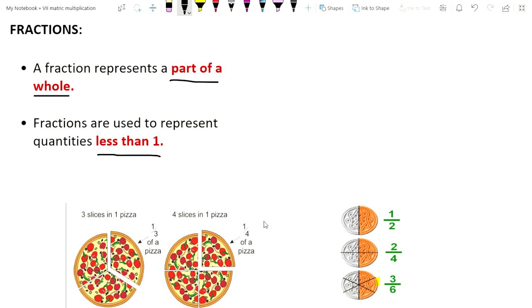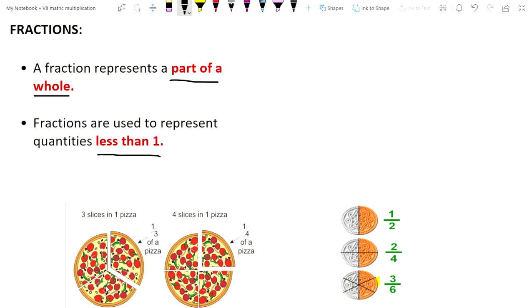See the example here. What is this, children? Pizza. Very good. The pizza is divided into how many parts? Yes, 3 parts. Are all the parts equal or different?